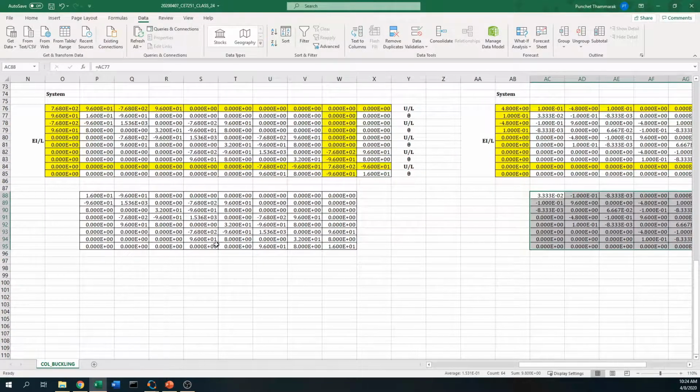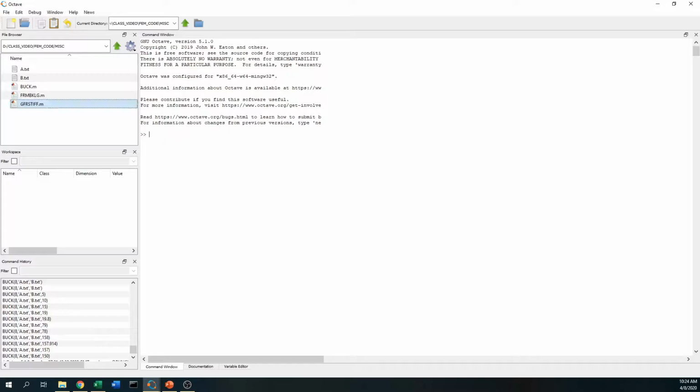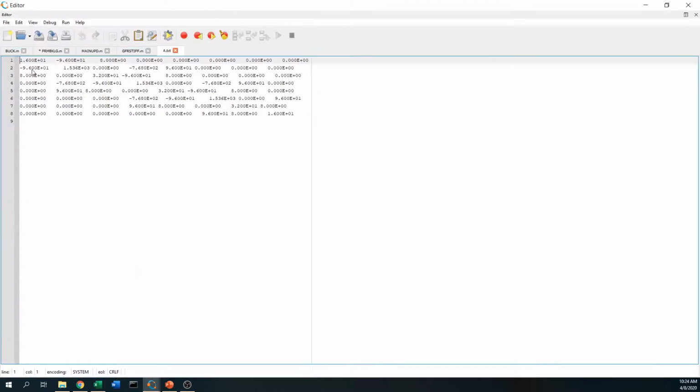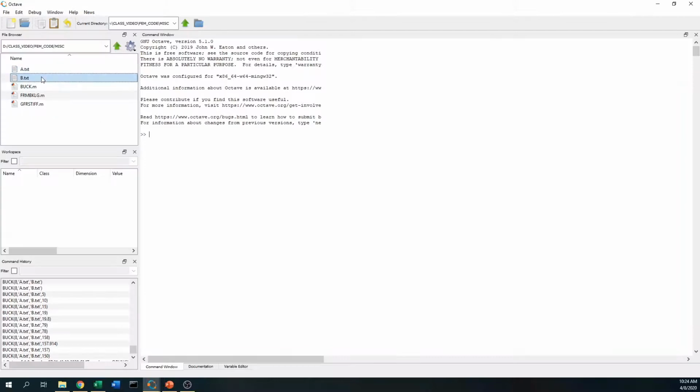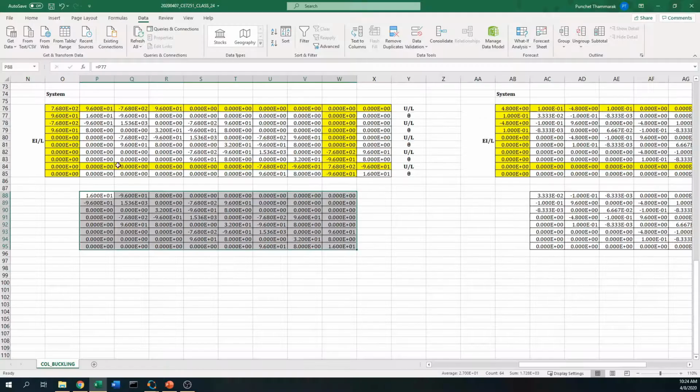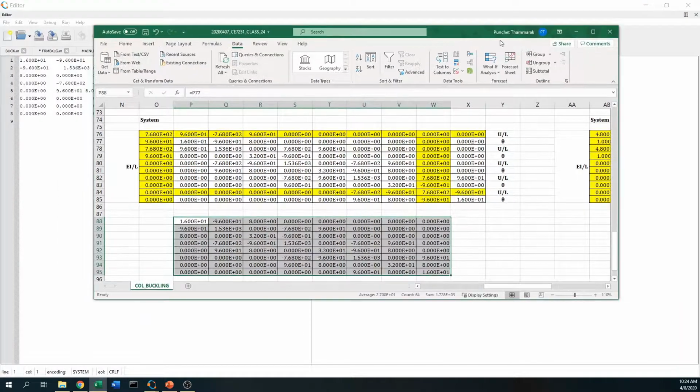Next, I copy this and paste it on the editor. So I open the A, I open the B. The A has 1.6 something. Yeah, this is it, so I am not fooling you around.